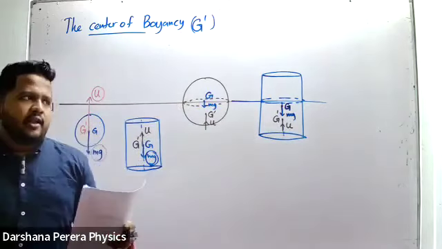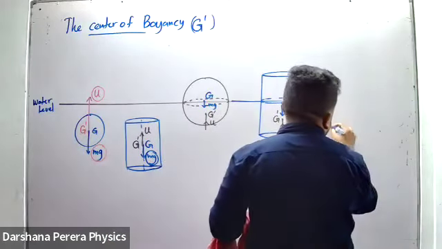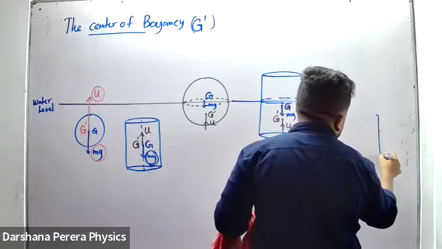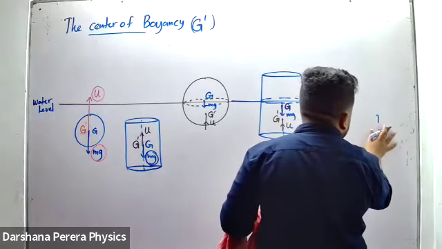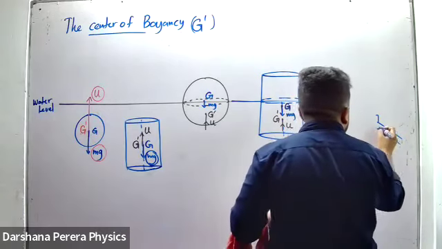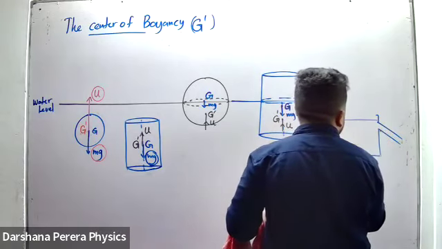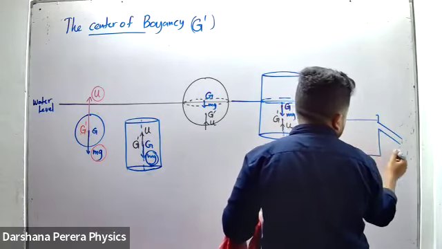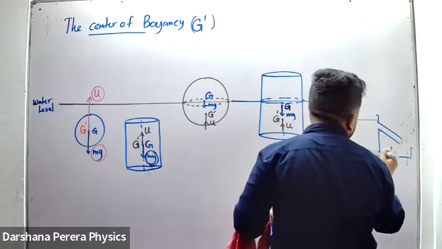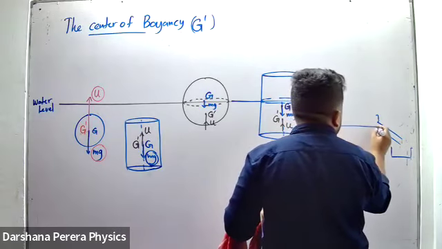You know, there is some kind of apparatus called a displacement vessel or Eureka vessel. In grade 11, we discussed that one.